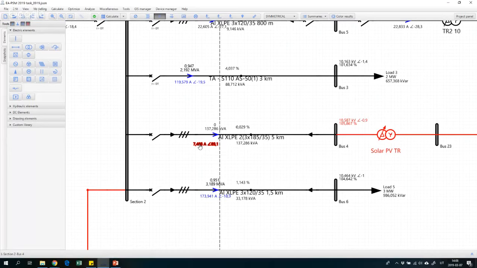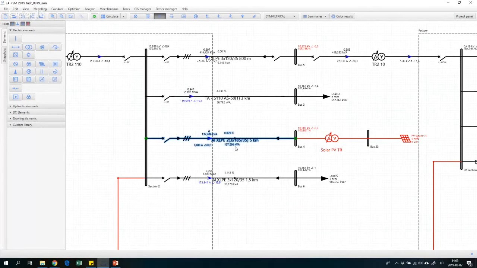One phase short circuit current is called grounding short circuit current. Maybe it will be necessary to increase the Peterson coil power and things like that to compensate this capacitive current. So this value is also important for solar installations, and actually it's a must to evaluate this when you connect cables in a medium voltage network.